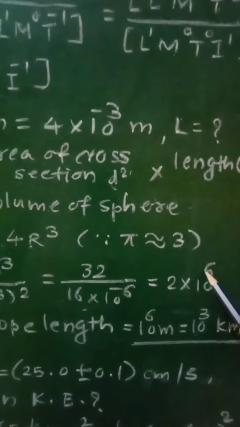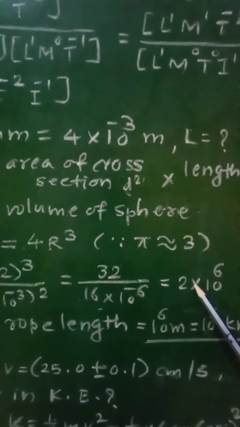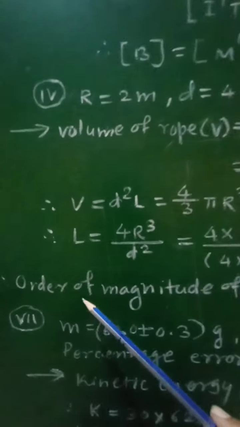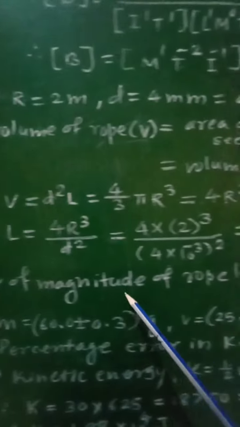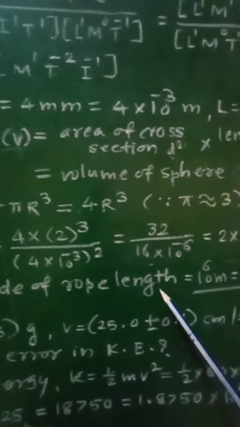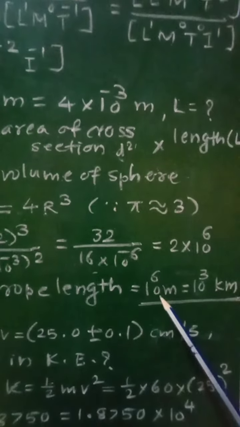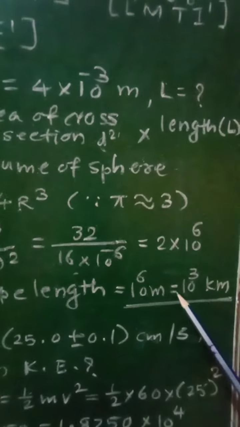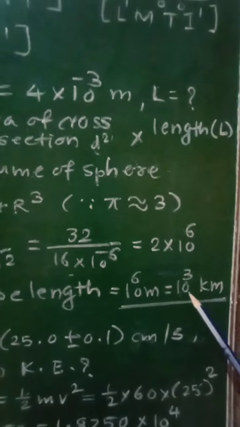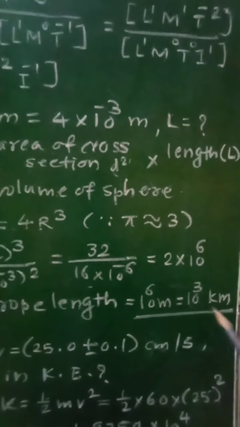That will be the length of that rope in proper order of magnitude. Therefore order of magnitude of the rope length will be given as 10 raised to 6 meter or 10 raised to 3 kilometer.